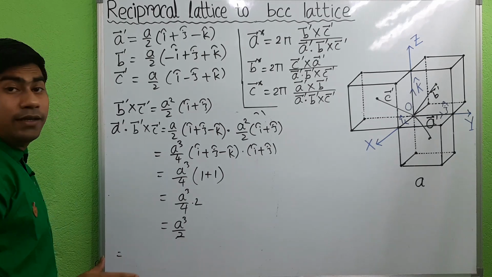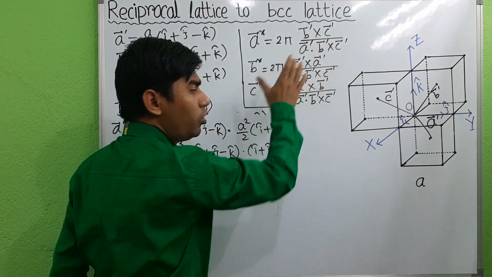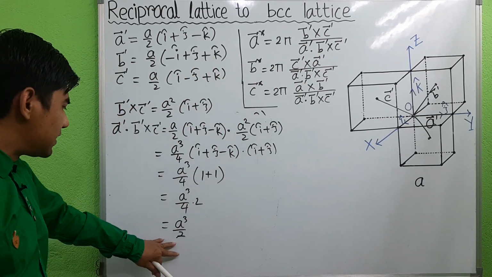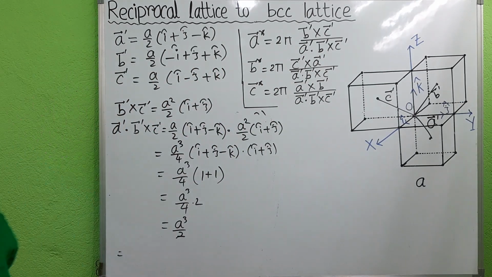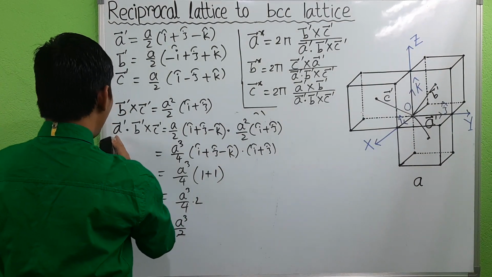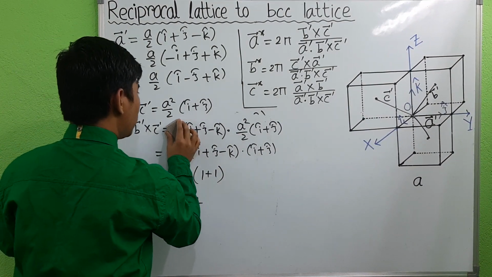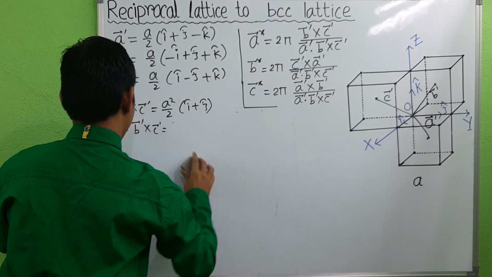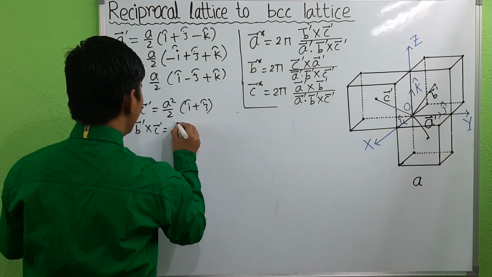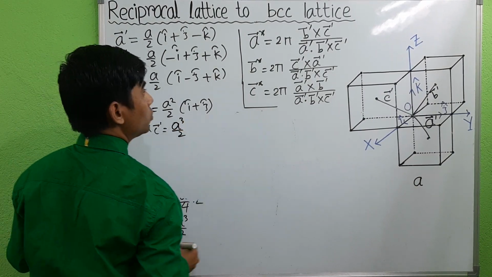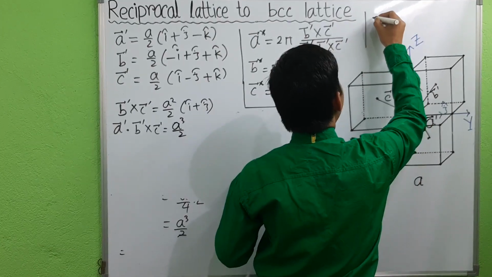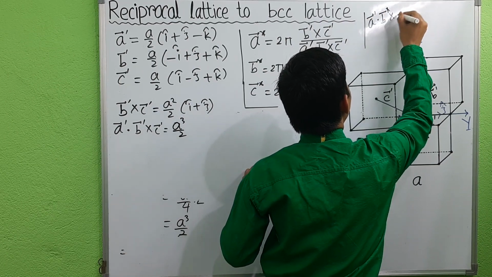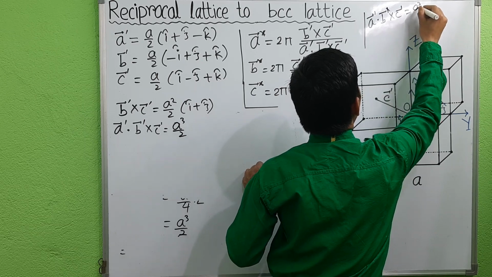Thus the value of a dash dot b dash cross c dash is a cube by 2.